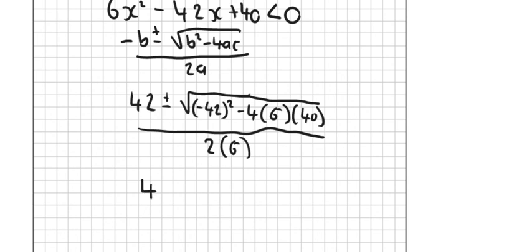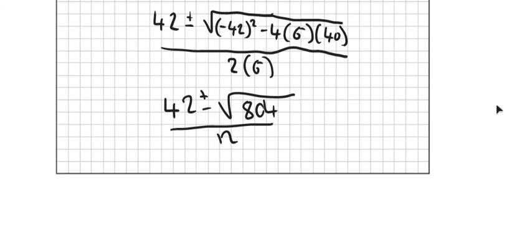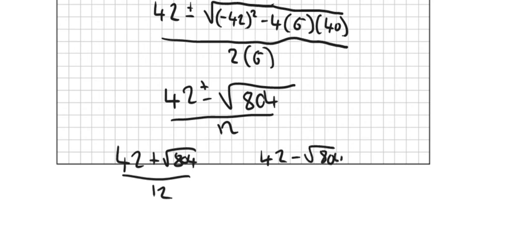So I'm getting 804 in there over 12, and then we're going to get two values for x. So 42 plus root 804 over 12, or 42 minus root 804 over 12.